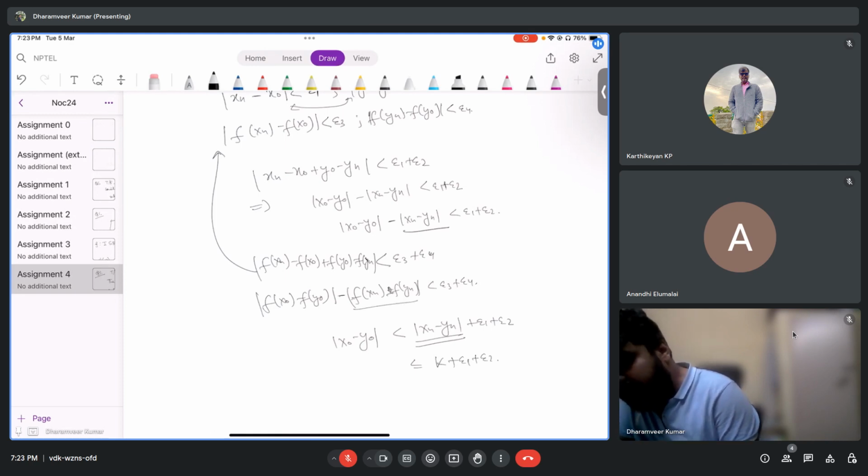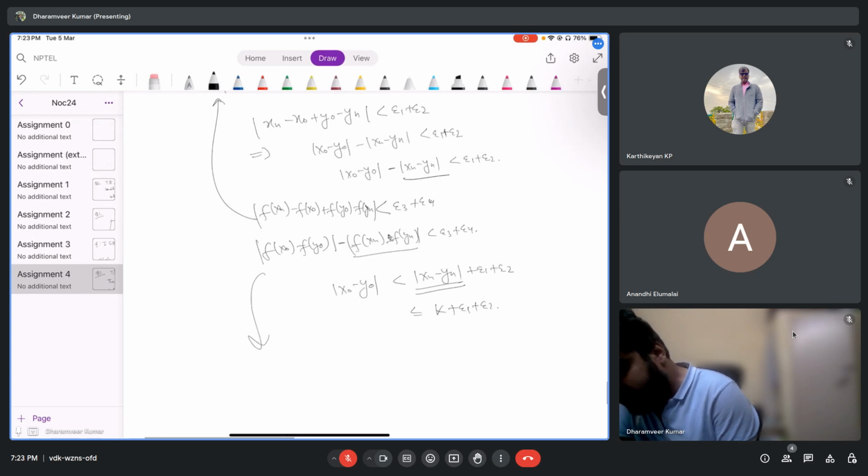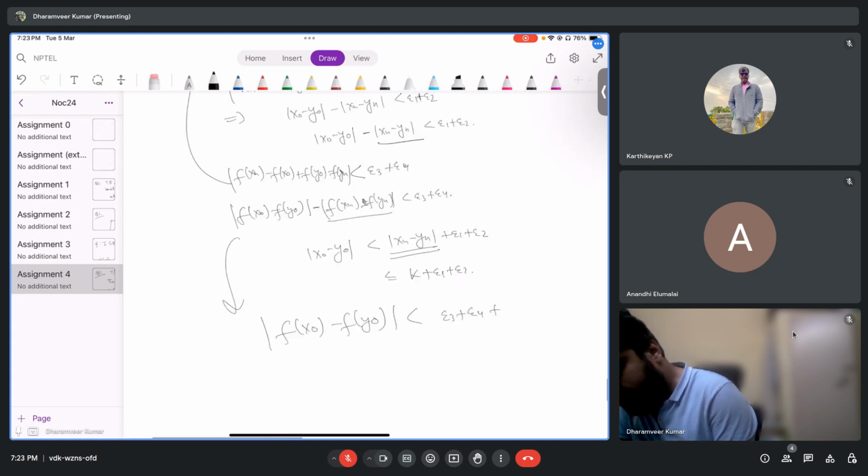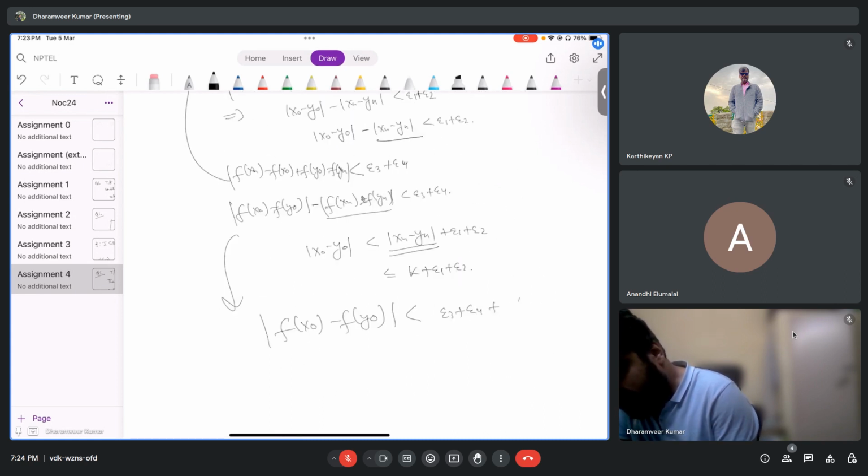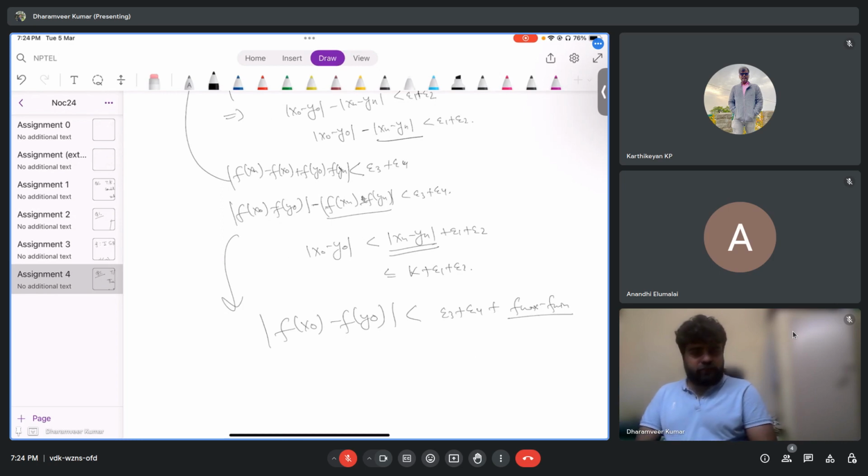This will be bounded by f max minus f min, a positive number.